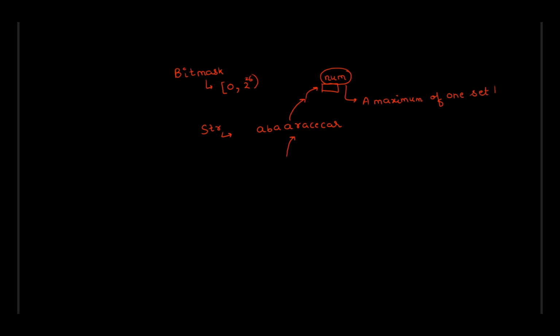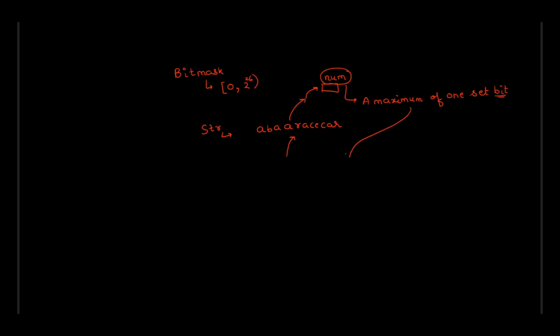So nothing new here, just a change of perspective. And even though this change of perspective might seem trivial in this problem, it will help you a lot in future problems. So this number can have a maximum of one set bit.